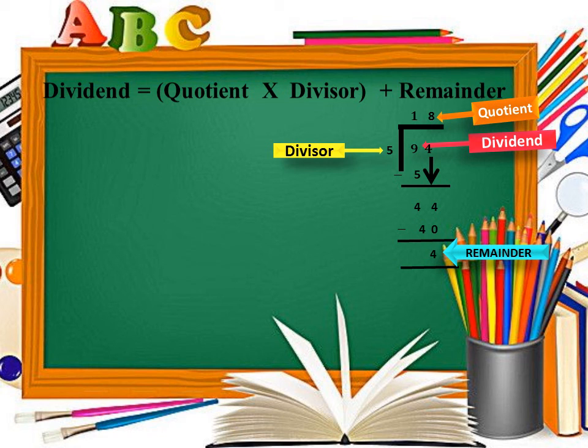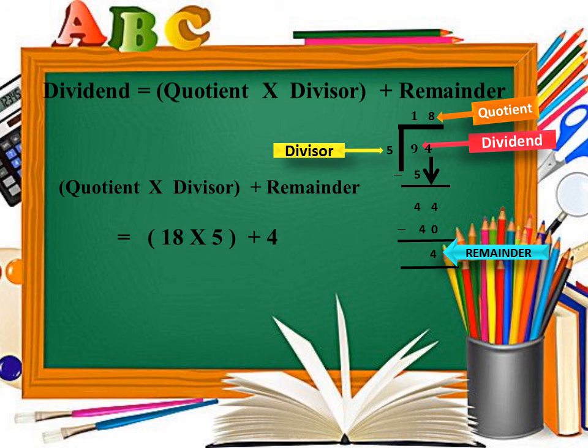Now we will check our problem. Let us take quotient into divisor plus remainder. Here what is the quotient? 18 multiplied by divisor. Divisor is what? 5. Plus what is the remainder here? 4.